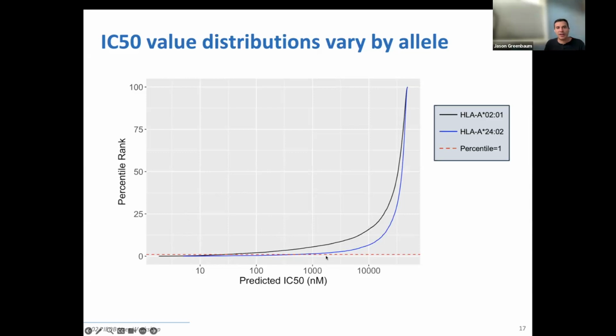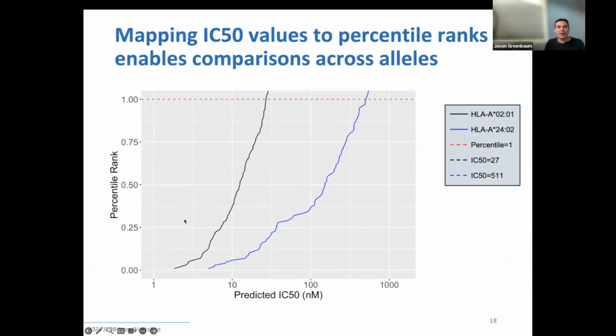I've drawn a line at percentile equals 1, and we zoom in on this area of the plot now. At our recommended cutoff of percentile rank of 1, HLA-A0201 has a predicted IC50 value of about 27, whereas HLA-A2402 has a predicted IC50 value of 511.